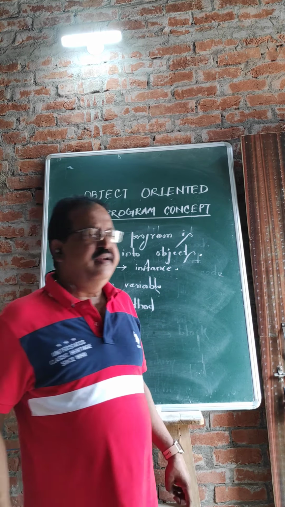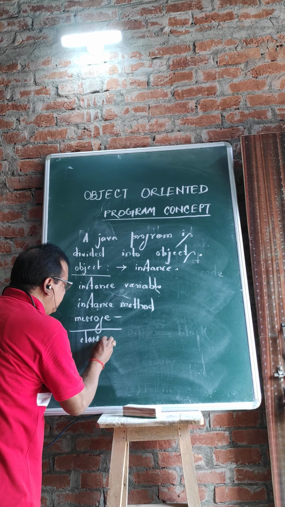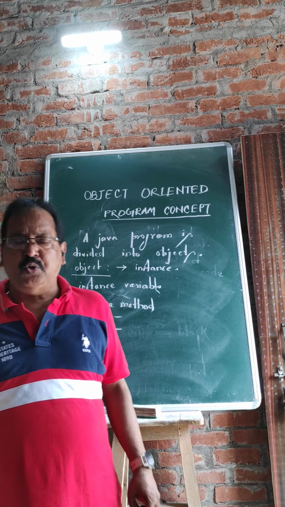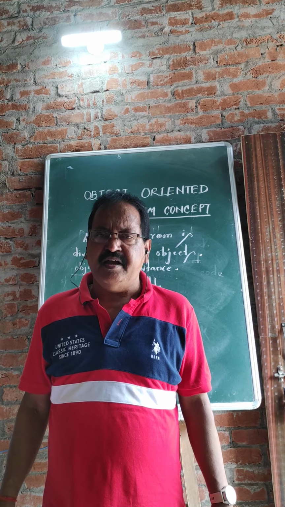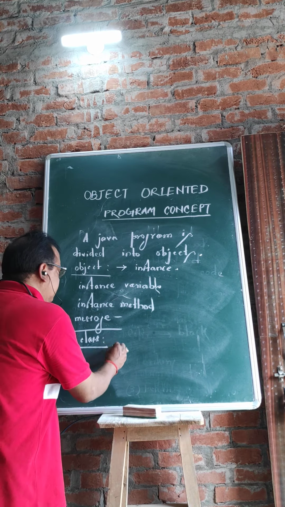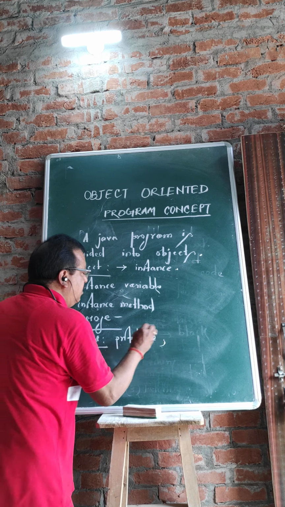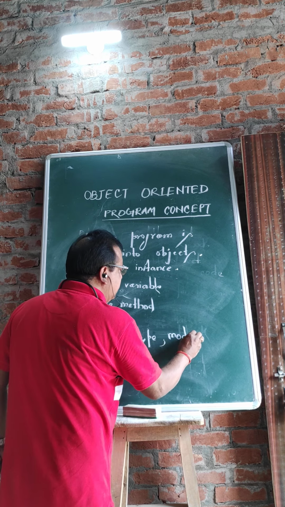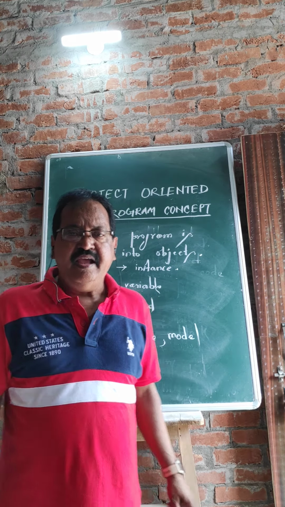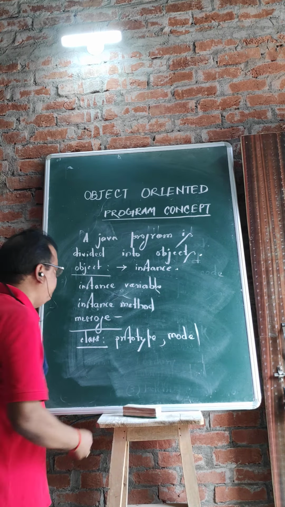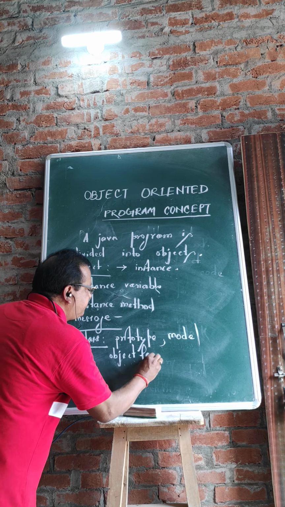Okay, students? The next term we are going to learn is called class. A class is a prototype or model based on which objects of the same kind are created. Hence a class is also called an object factory.